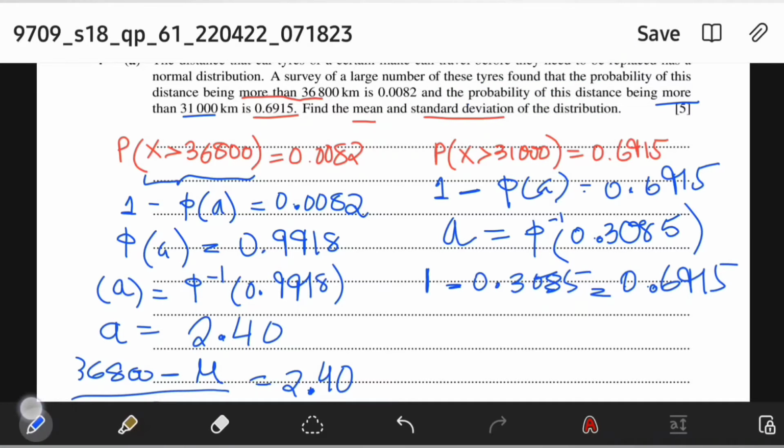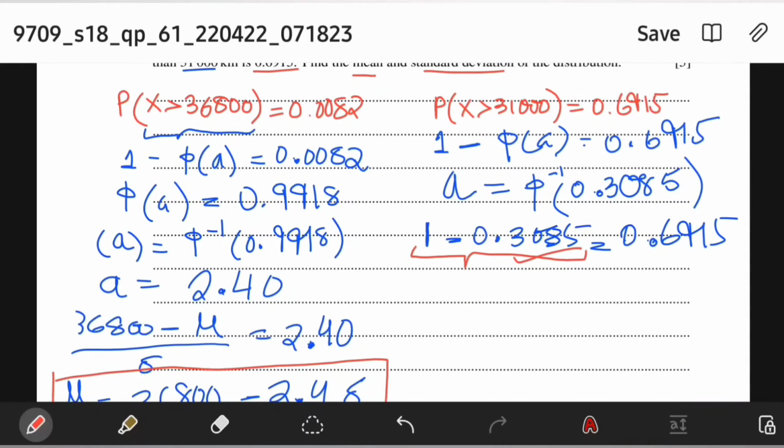One thing to take notice of, since we subtracted it from 1 because we couldn't find this value in the table, the answer that we are going to write, which is 0.5, is going to be in negative.